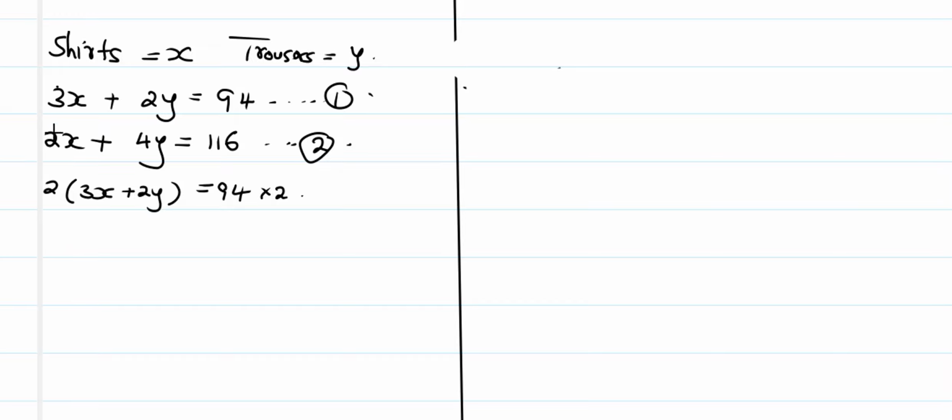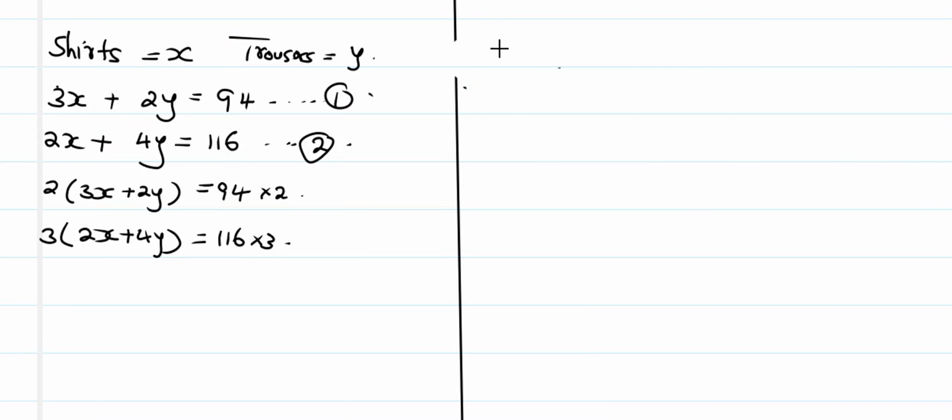Then in the second equation, I'll multiply by 3 so that this can be 6. So it becomes 3 into 2x plus 4y equals 116, and now multiplied by 3, like that.